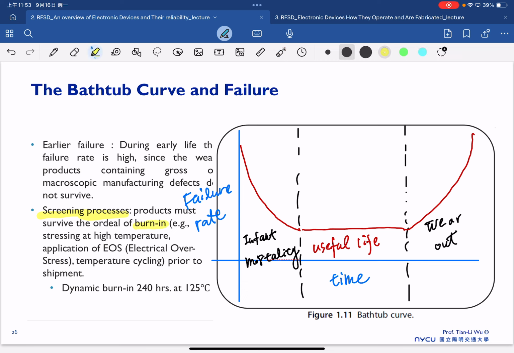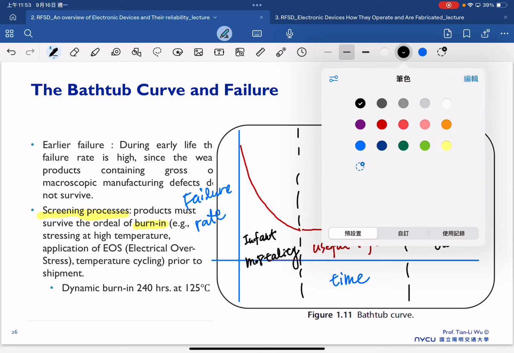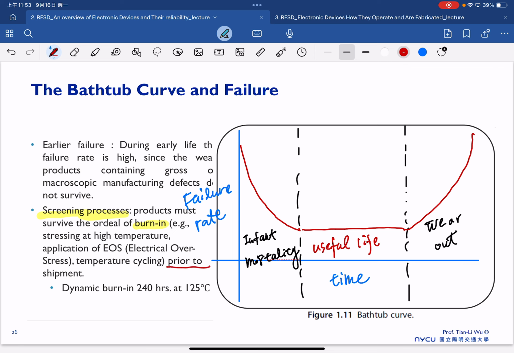We will stress our device at a high temperature and with different voltages and different cycling before the shipment. This is a process before the shipment, which is what we call the burn-in test.